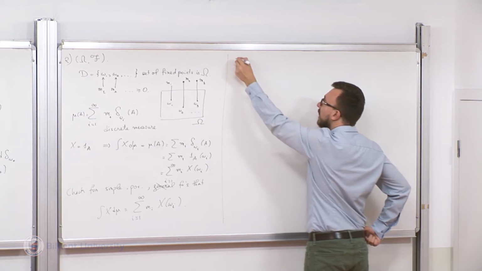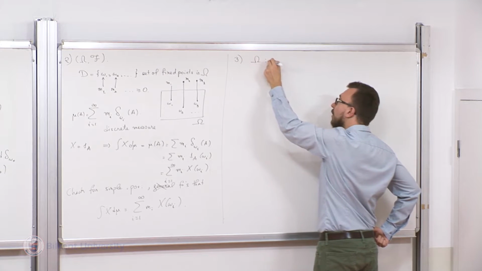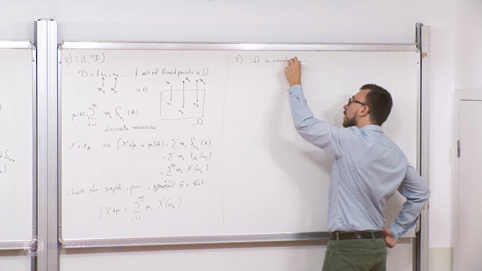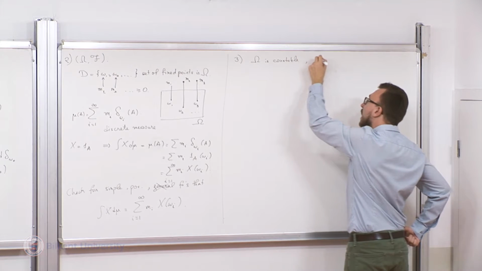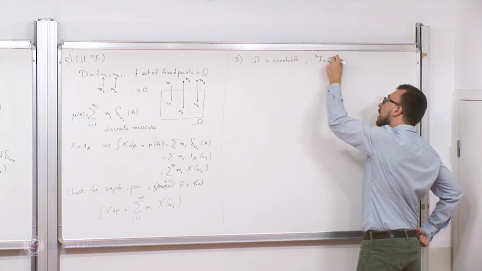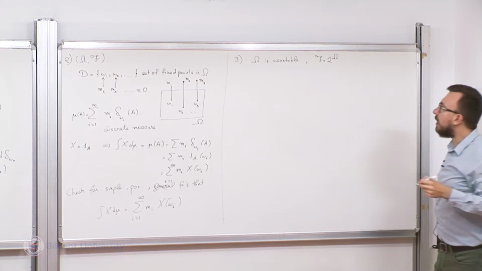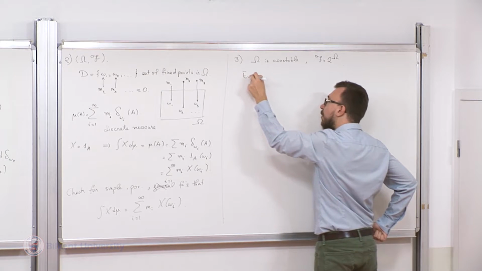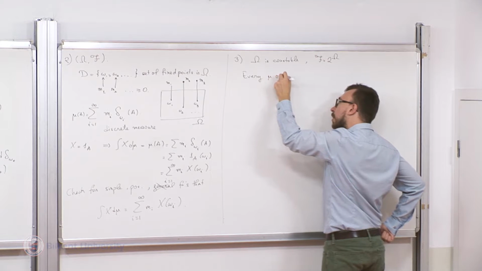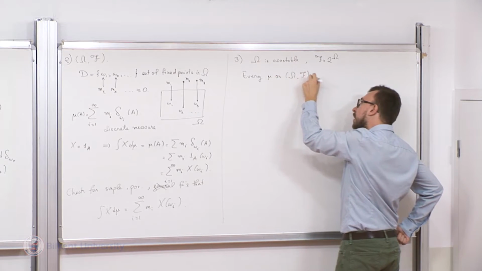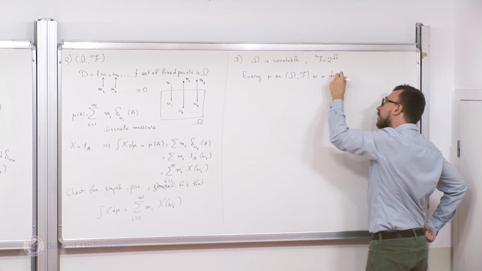And one special case of this is when omega is countable and F is just the power set, the discrete sigma algebra. In that case, every mu on omega, F is a discrete measure.